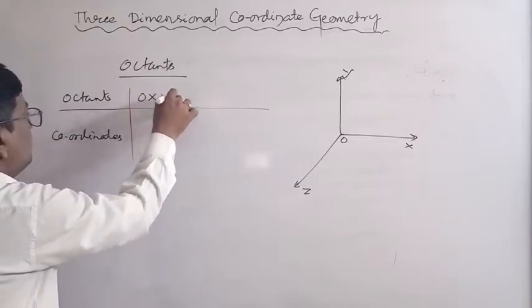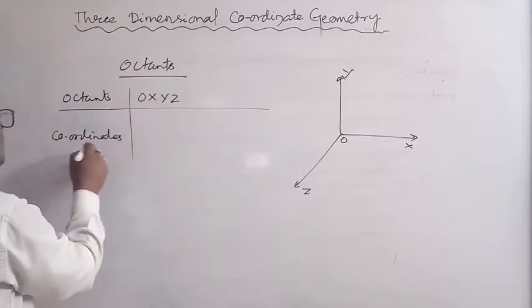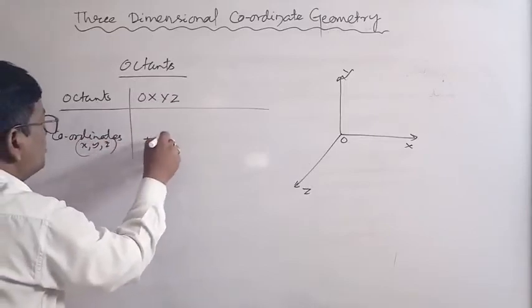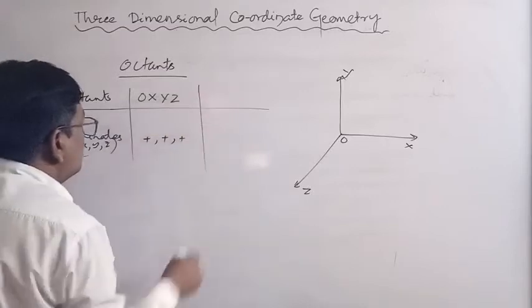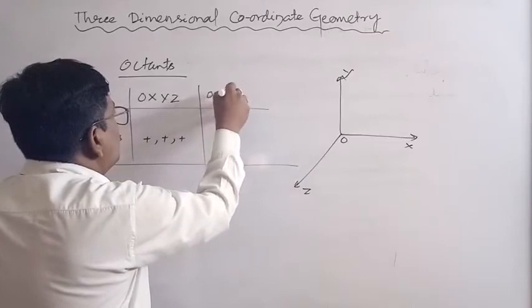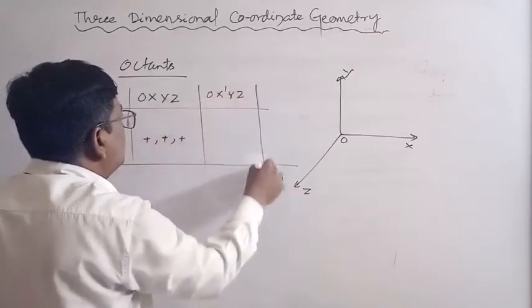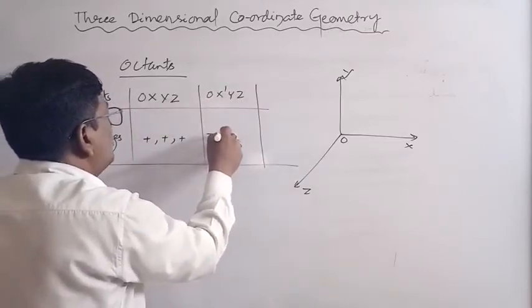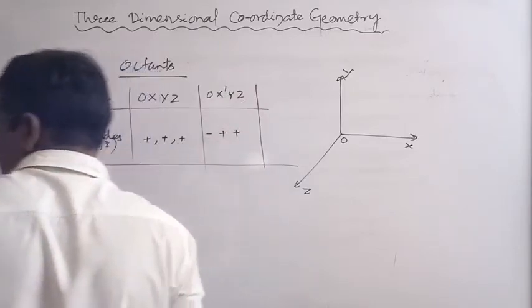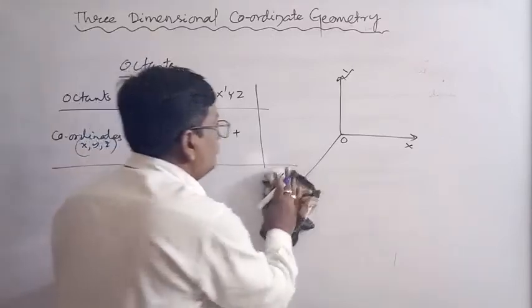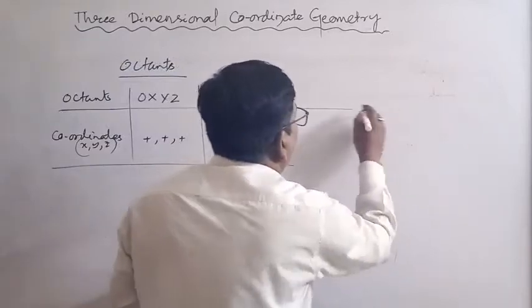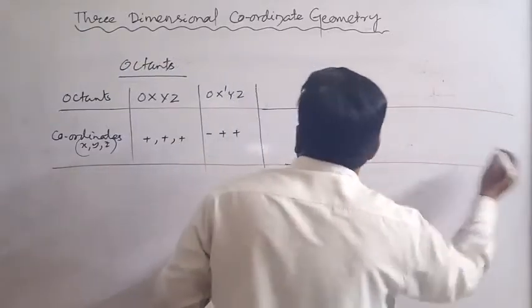O x y z, that is the coordinates here: x, y, z, so all positive, plus. And O x' y z, this is what? Minus, plus. Again, this is equal to what?